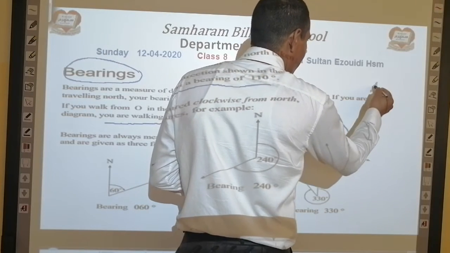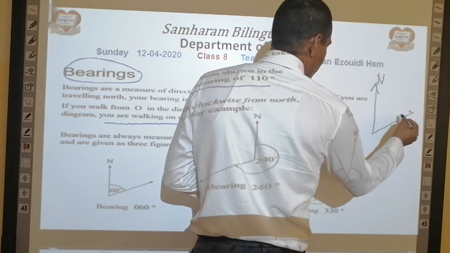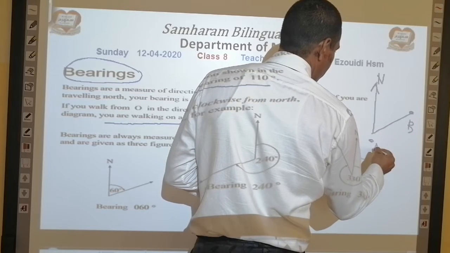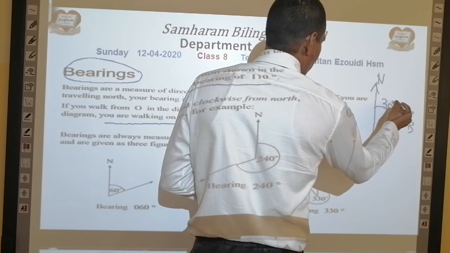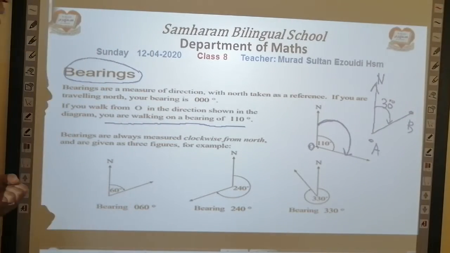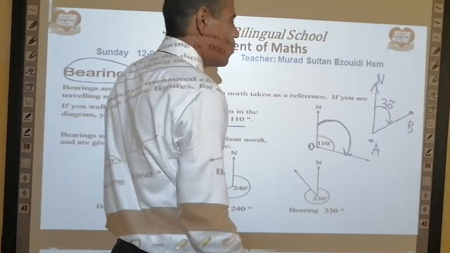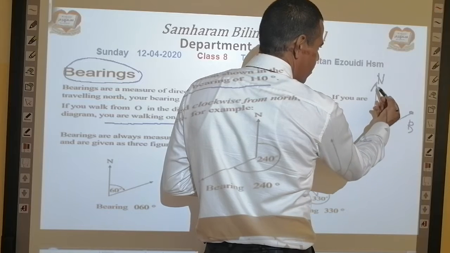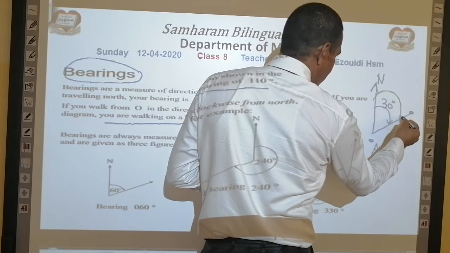Another example. If we have this diagram, this is the north, this is the point B, and this is the point A. And this angle is 30 degrees. The question is, find the bearing of B from A. You will measure this angle clockwise from the north direction, from this point.